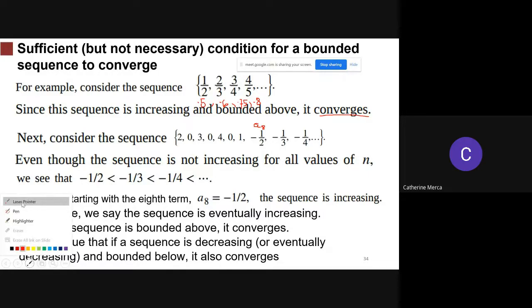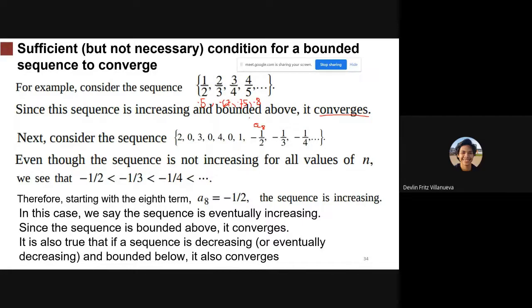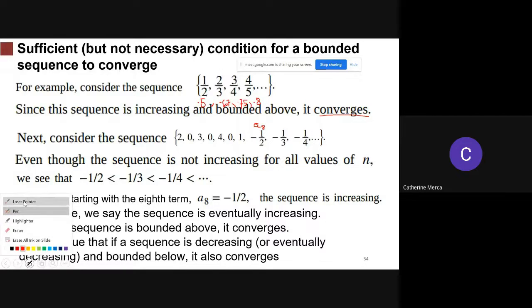Atong rectify 0.67. Okay. 3 over 4, 0.75. Correct? Yes, ma'am. Ang 4 over 5. Correct pa rin, 0.8. Okay, so correct siya. So if you take a look at the values, is it increasing or decreasing?